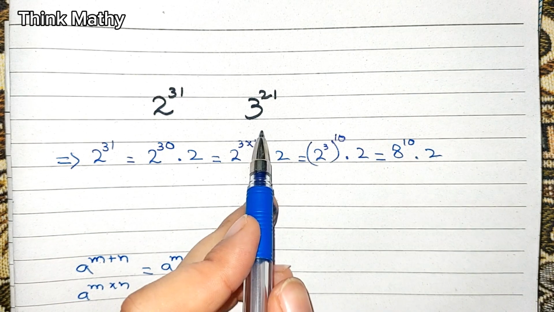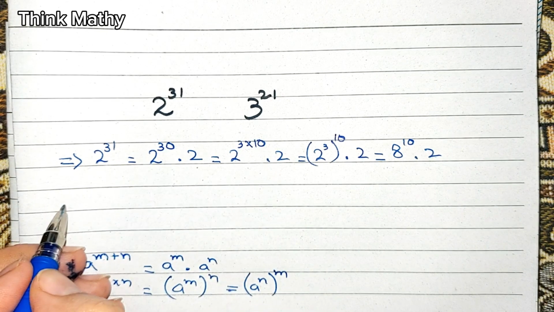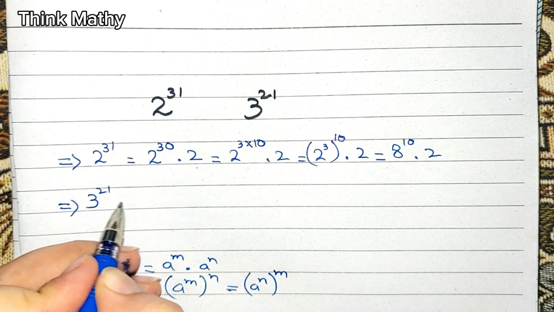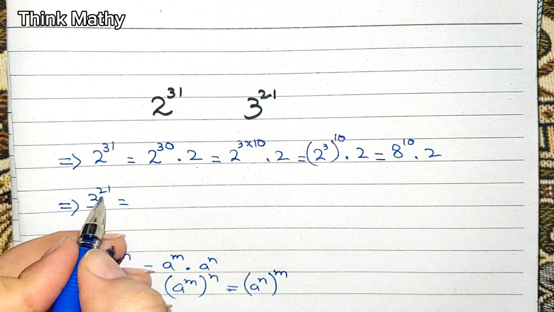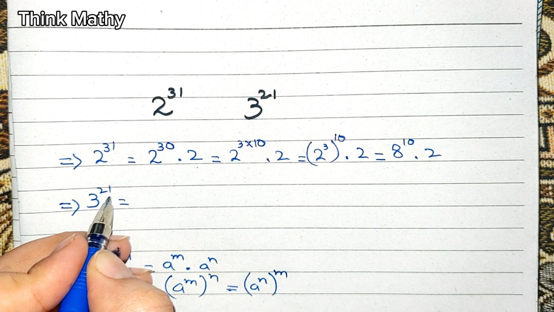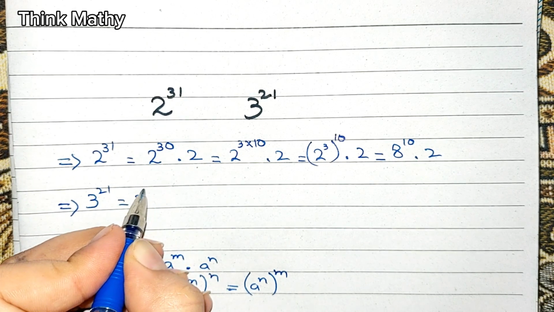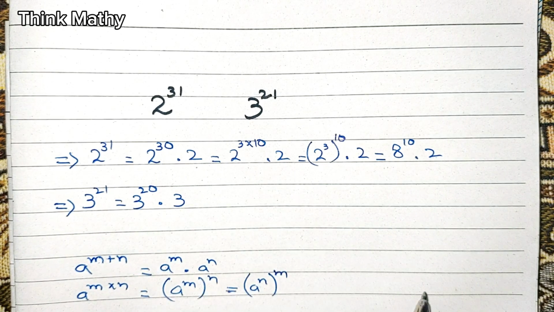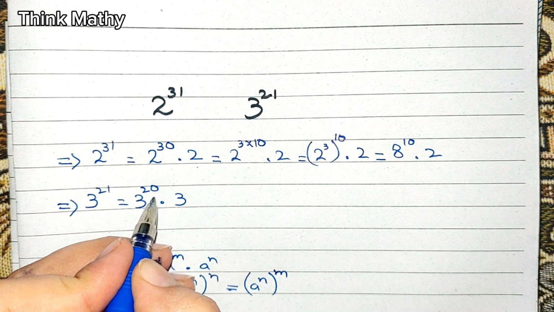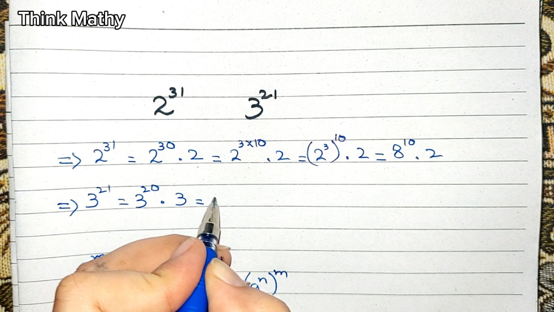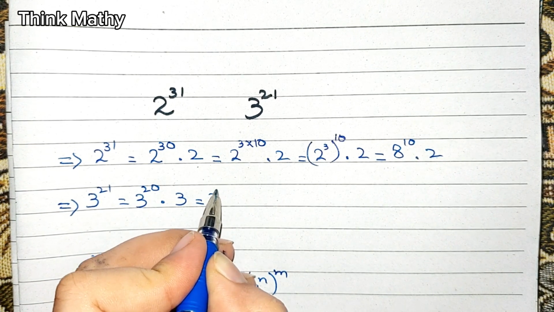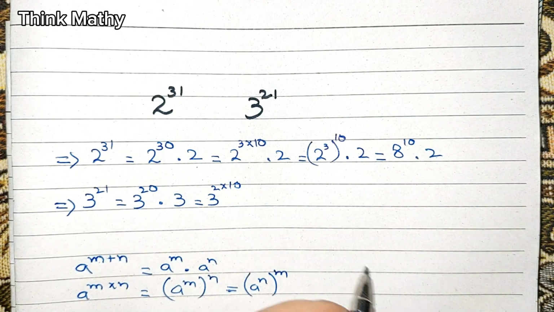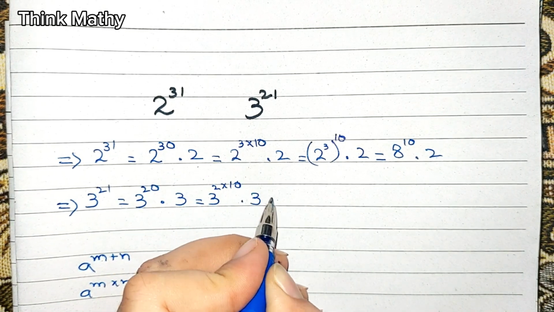Now we will take the other number, that is 3 to the power 21. Here I am again splitting the power into 3 to the power 20 times 3. Further, split the power again: 3 to the power 2 multiplied by 10, times 3.